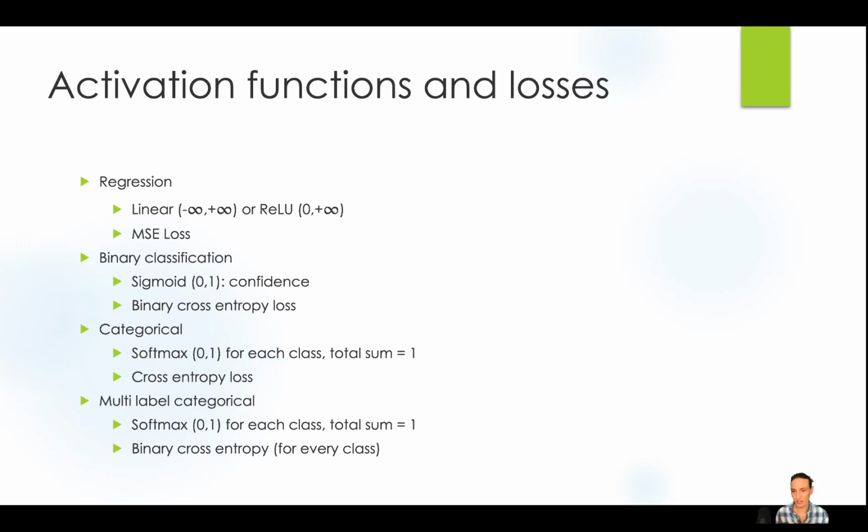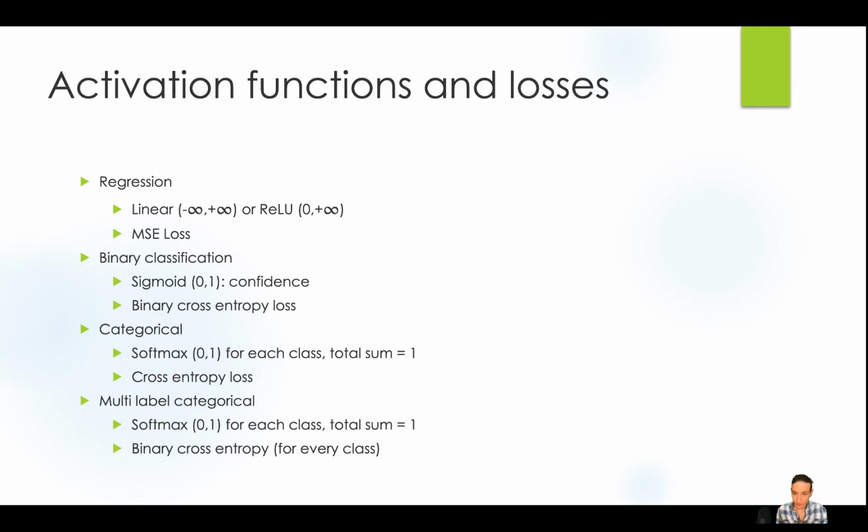Now, if we're doing regression, we can use a simple mean squared error loss, for instance. The mean squared error loss, I'm sure you remember from last class, just takes the mean squared distance between the predicted output of the final node in the network and the actual labels.